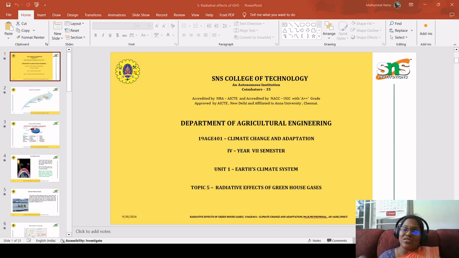Some of it is dealt with as surface radiation and some is emitted by the clouds, and most of the radiation available at the surface is absorbed by the greenhouse gases, which will be in the form of back radiation.